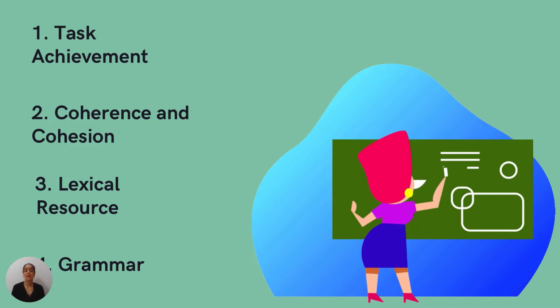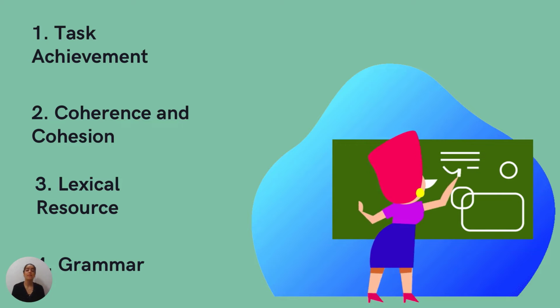The next thing is about coherence and cohesion, because you should write so smoothly that the reader will understand what exactly you wanted to say. I always tell my students that you should write, for example, the academic report in a way that the examiner or the reader will be able to follow your report without taking a look at the visual instruction.